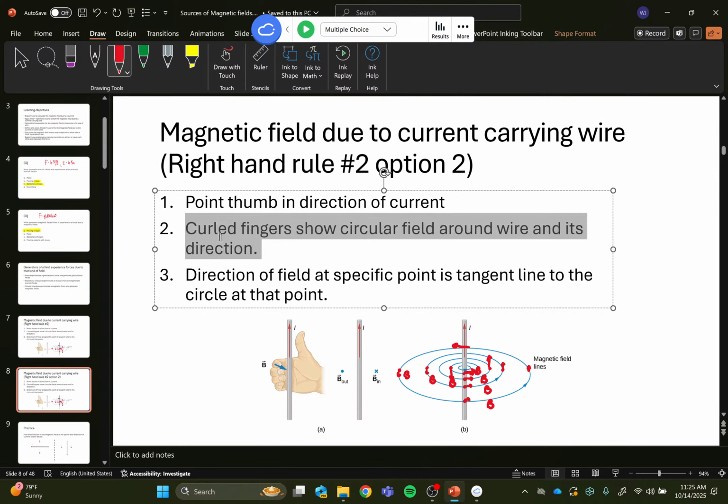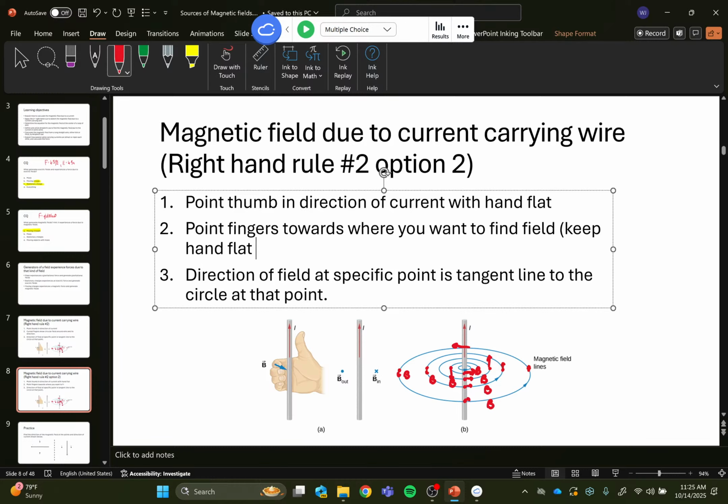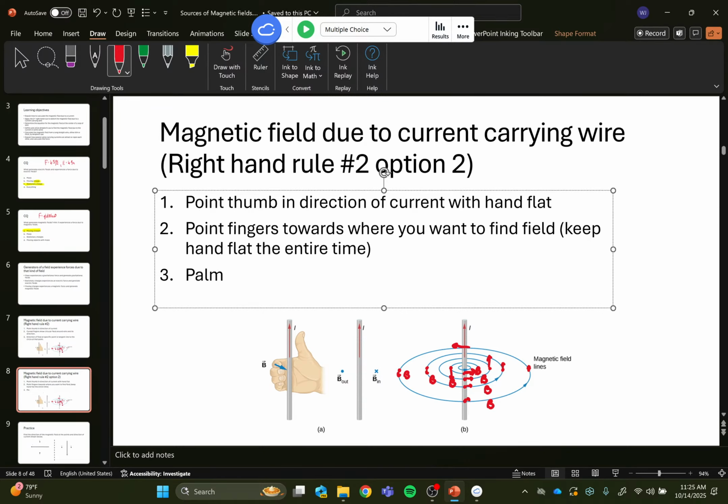Point thumb in the direction of current with hand flat. Point fingers towards where you want to find field. Keep hand flat entire time. And then last, your palm points in direction of the field.